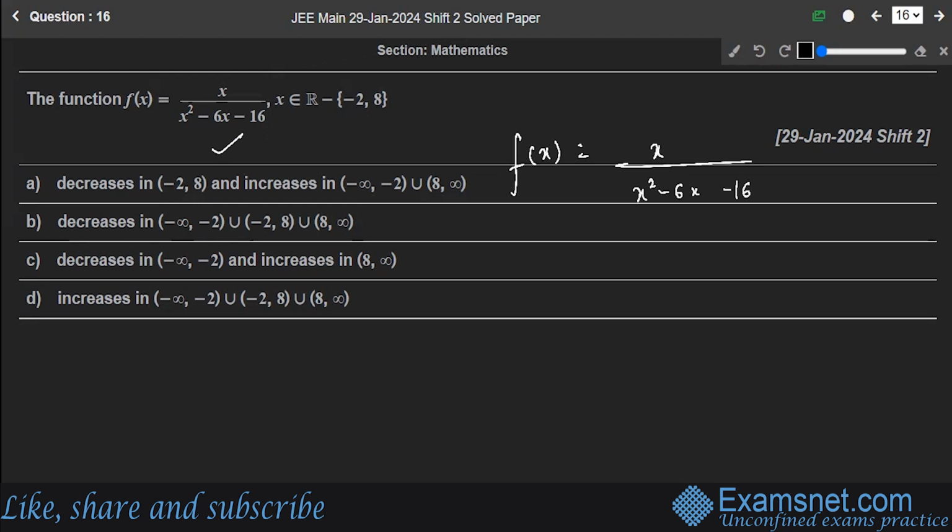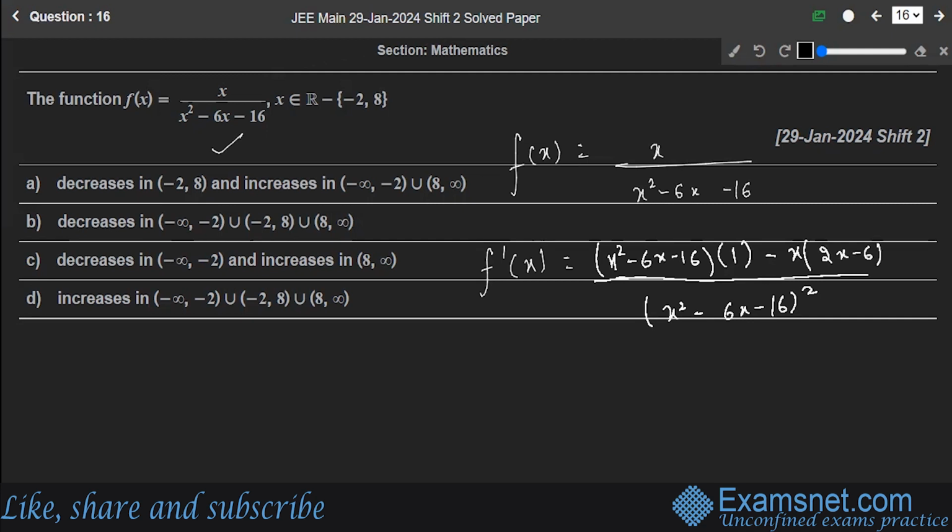Right. And for a function to be increasing or decreasing, let's find out the derivative. This is given by the denominator's square multiplied by the numerator. First of all, I'll write down the denominator and then the derivative of the numerator. So this is x into 2x minus 6. Okay, this will be x squared minus 6x minus 16 minus 2x squared plus 6x.